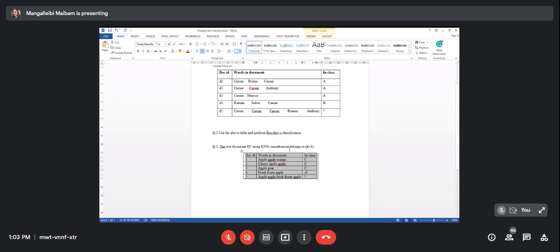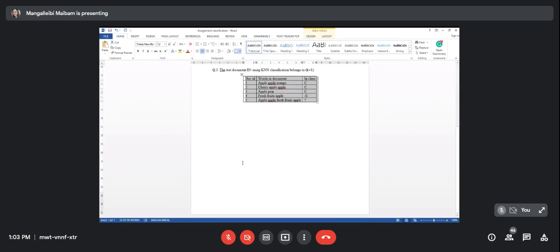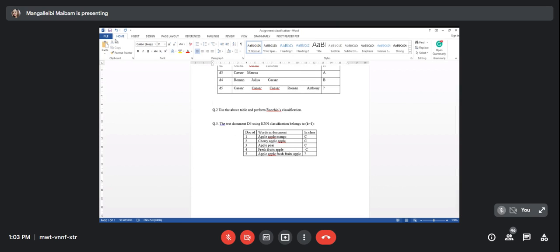For both cases, you have to solve. That is all about the assignment part, and that is all about your vector space classification.